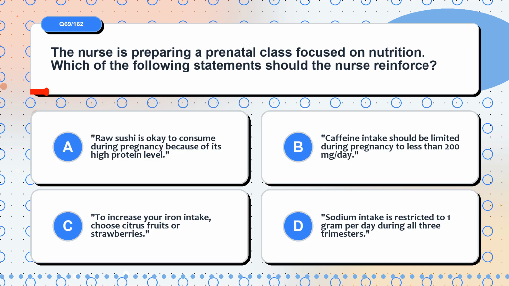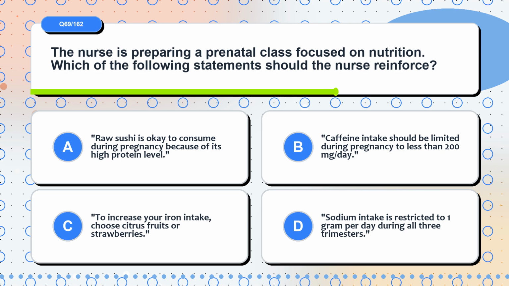Question 69. The nurse is preparing a prenatal class focused on nutrition. Which of the following statements should the nurse reinforce? Option A. Raw sushi is okay to consume during pregnancy because of its high protein level. Option B. Caffeine intake should be limited during pregnancy to less than 200 mg/day.